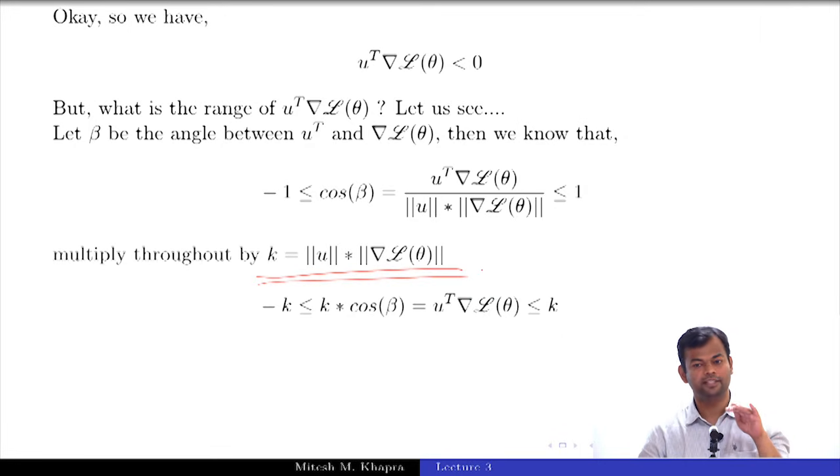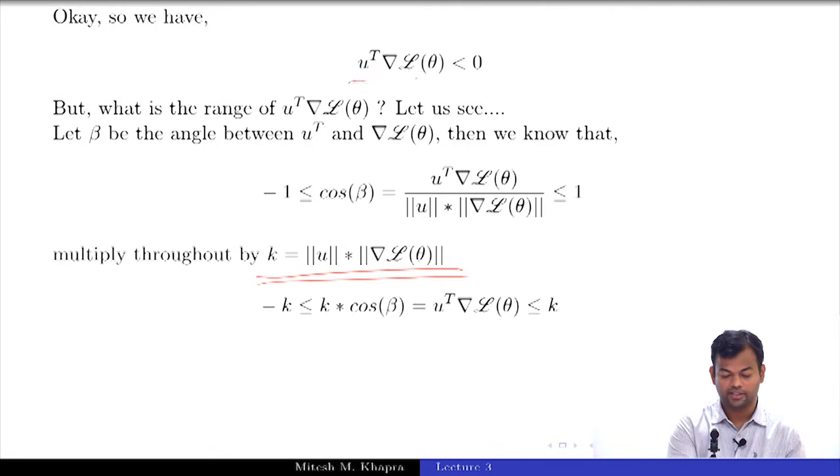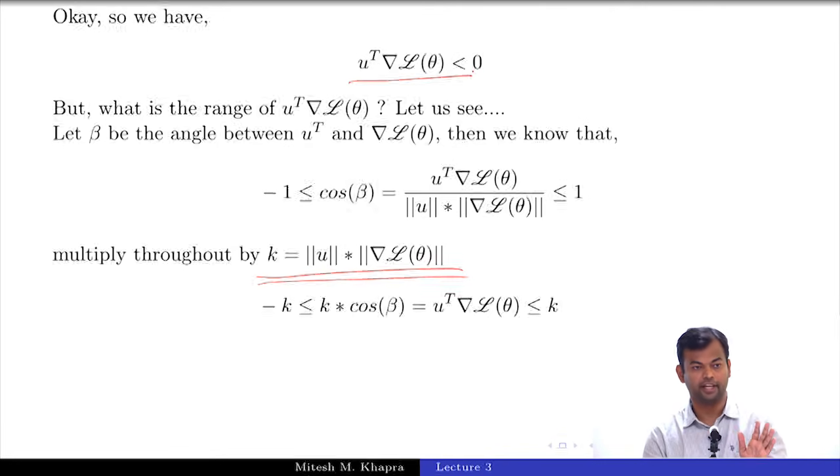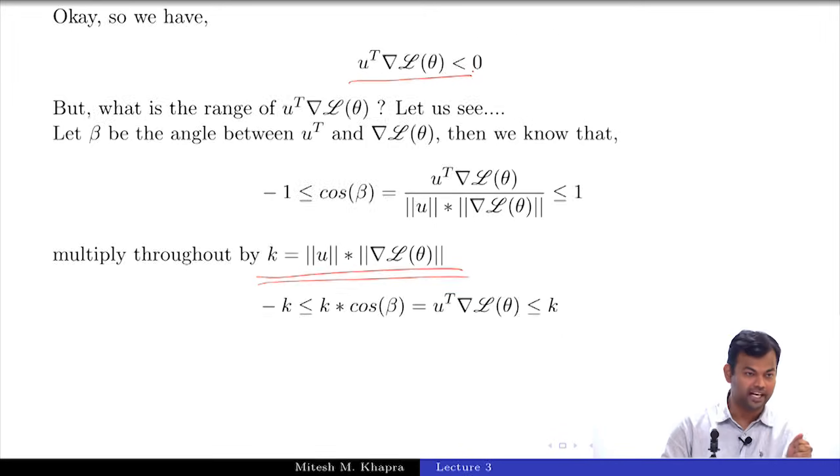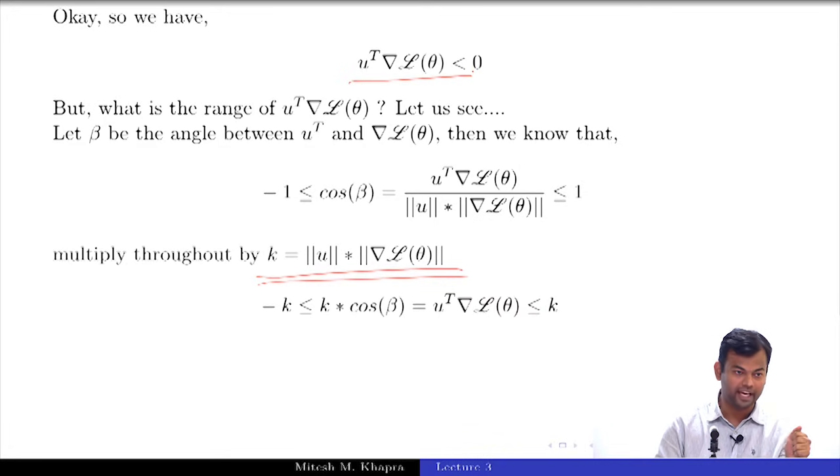Okay. Now, let's see what we are trying to do. We are trying to find a u such that this quantity is negative. Now, if I just stop at negative, we would like to make it as negative as possible, right? Because the more negative it is, the more the decrease in my loss function, right?